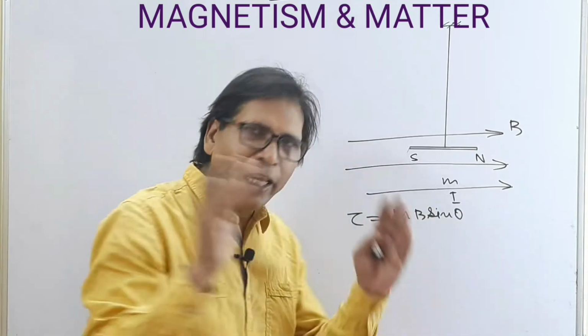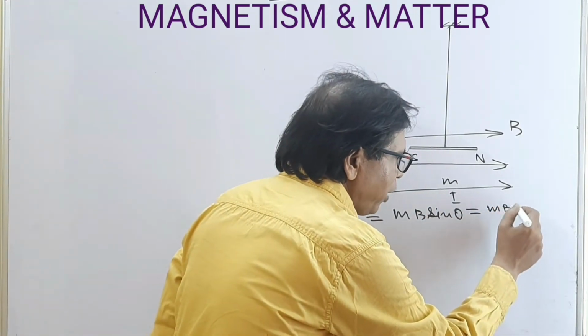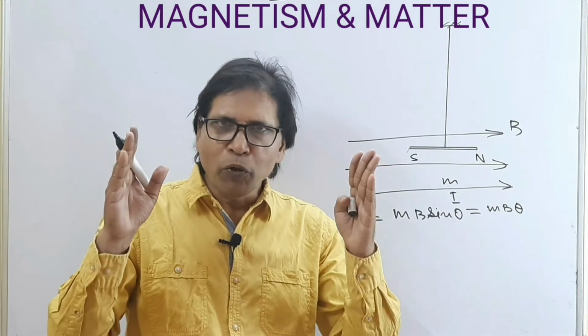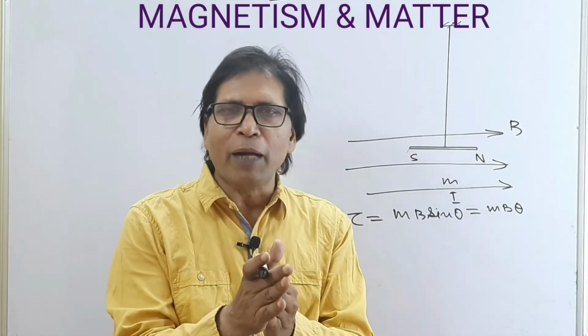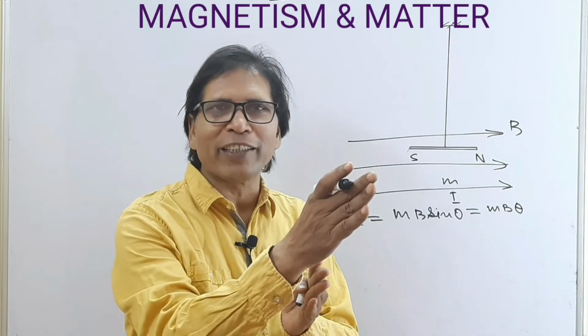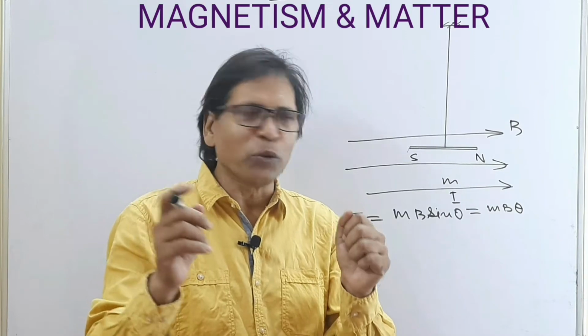As theta is very small, this becomes mB theta. Due to the magnetic field, the magnet tries to orient itself along the direction of the magnetic field, so a restoring torque is produced.